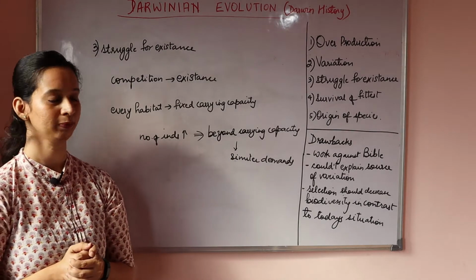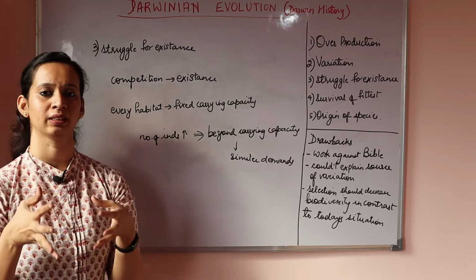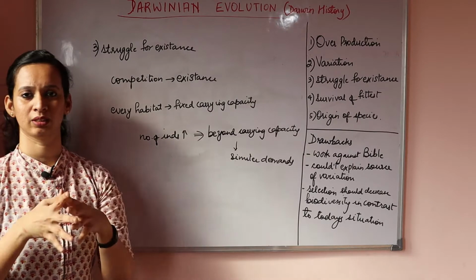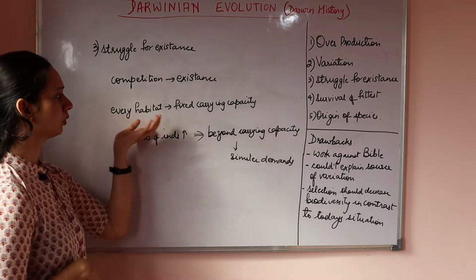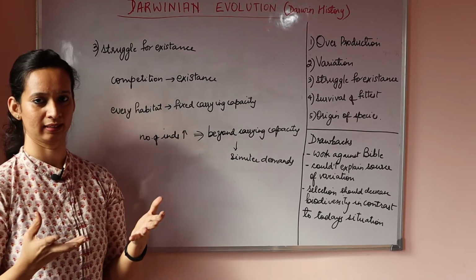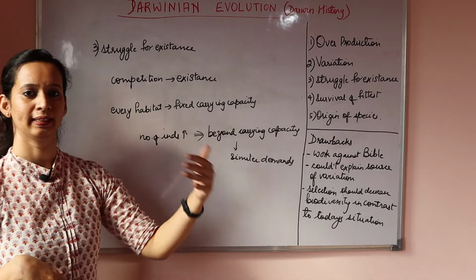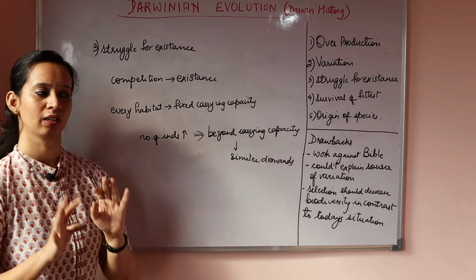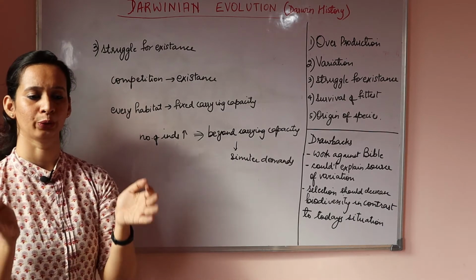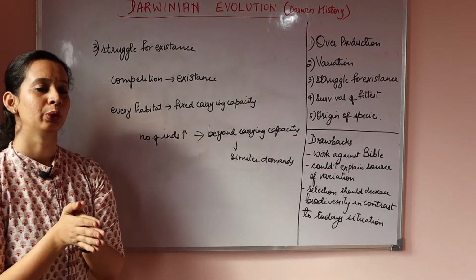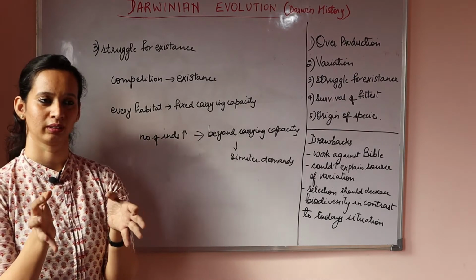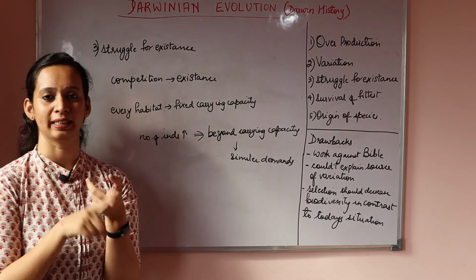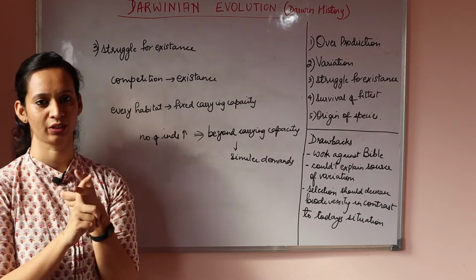So if every habitat has a fixed carrying capacity, that means every space, habitat in layman's terms means space. So when the population increases beyond that particular level, then the competition is actually for the resources. For example, in a room which can accommodate 20 people, you have managed to crowd that room with 100 people, then in such cases these individuals will not get proper oxygen.